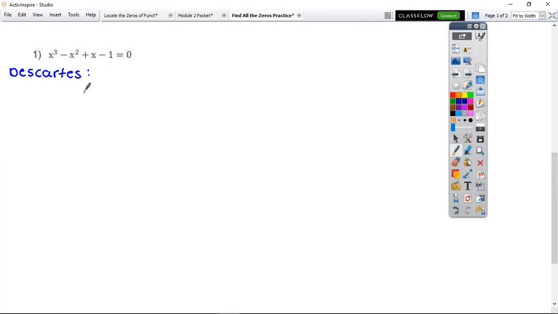So how many sign variations do we see here? 1, 2, excellent, 3. So we have 3 sign variations. What that indicates is that we can have 3 positive real roots.